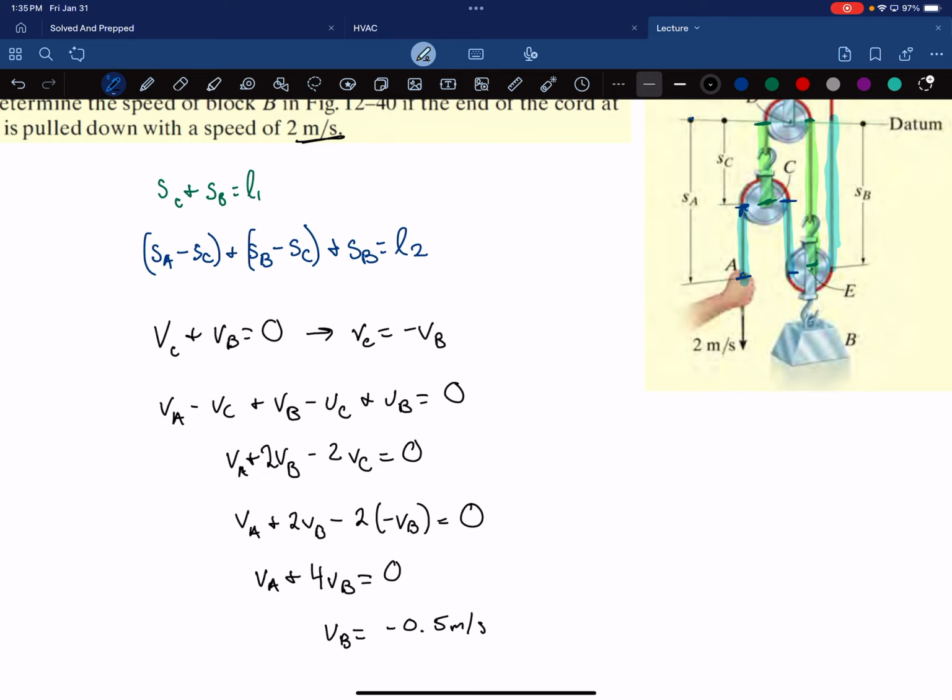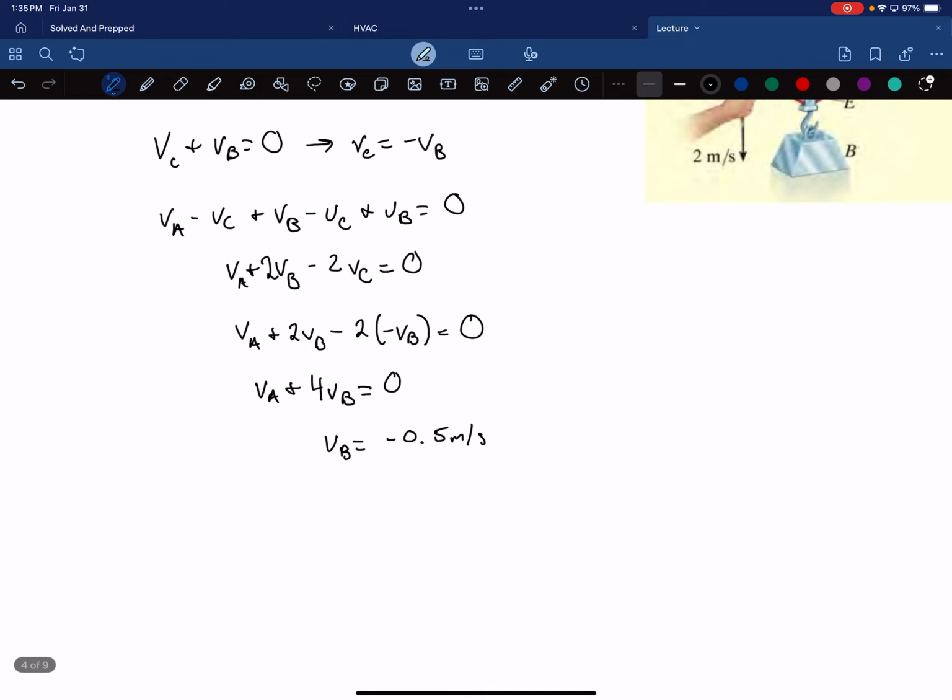You could assume it the other way, you would just get the other sign, so it doesn't matter. We're just assuming that this is down, so we would write it as 0.5 meters per second, and we're going up, since we assumed down is positive.